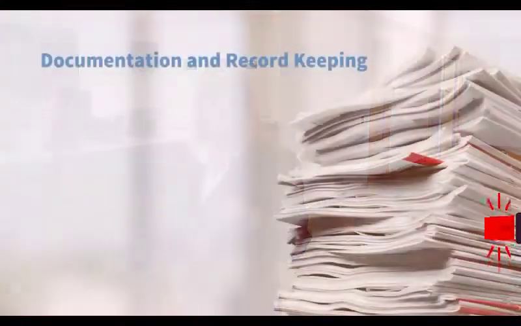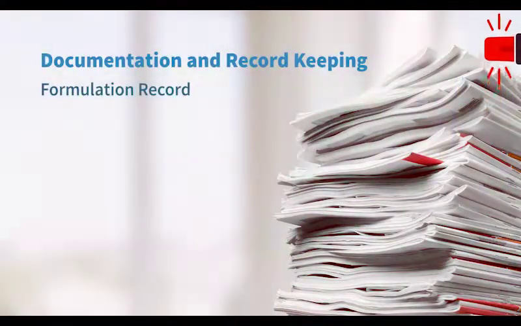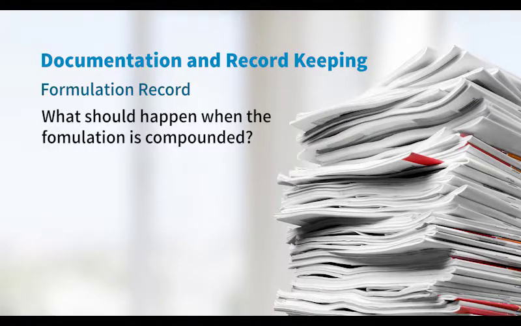These documentation and record-keeping guidelines recommend that 4 sets of records be kept in the compounding area. Now that seems very excessive, but let's take a look at what they are and the reason for them. A formulation record: this is compounding formulas and procedures. There's a master sheet there, or, as I said, a recipe. What should happen when the formulation is compounded?